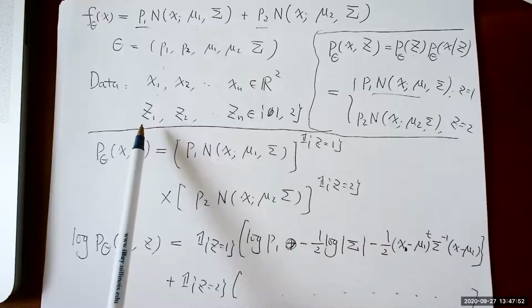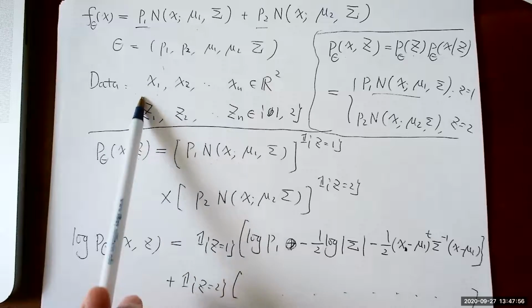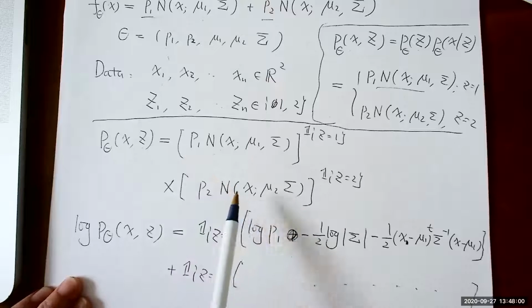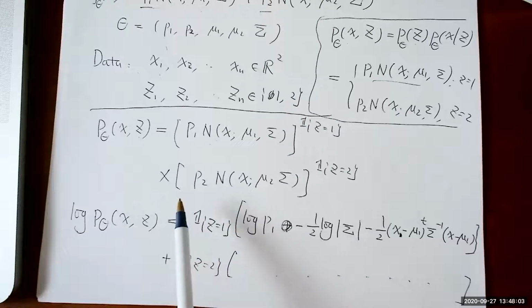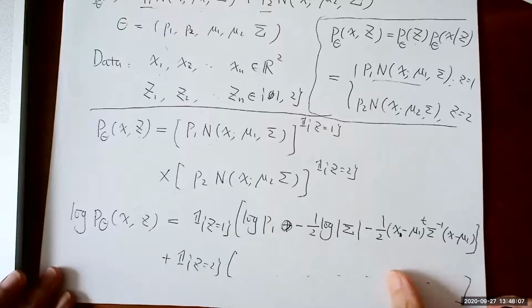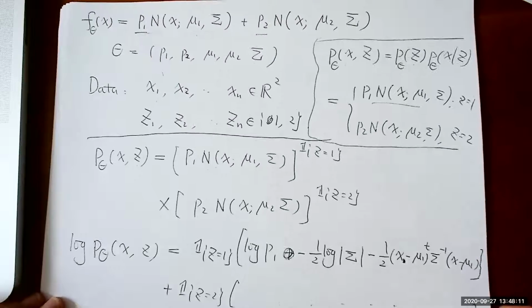To get us prepared, let's first write down the joint for a pair, a single observation. We have a form like this, and if we take log, because we know we're going to eventually work with a log form, it looks like this.